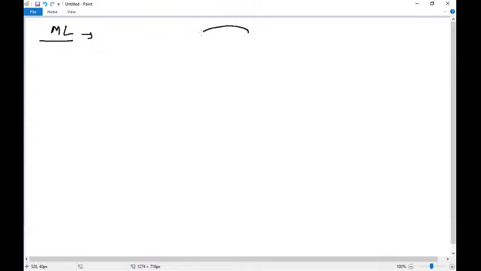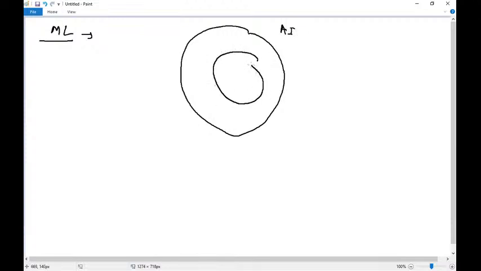This is my AI, this is my ML, and this is my deep learning, DL. Machine learning is a subfield of AI in which we study algorithms to make predictions based on training data, and that improves automatically through experience.